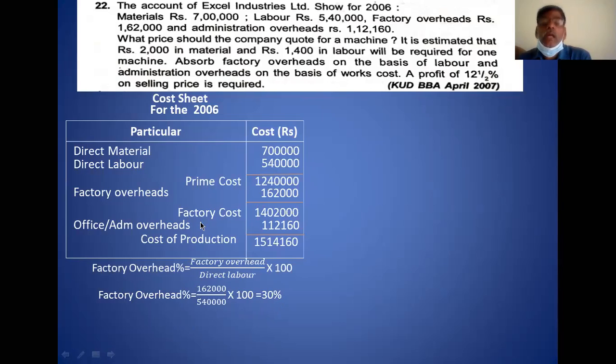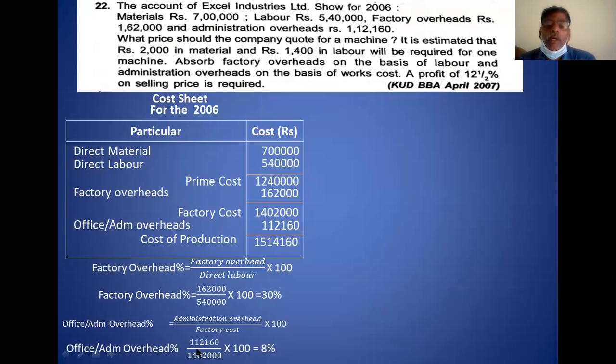In the same way, you calculate the administration overhead percentage. Administration overhead percentage is equal to administrative overhead divided by factory cost into 100, which is 1,12,160 divided by factory cost 14,02,000, into 100, it is 8%.